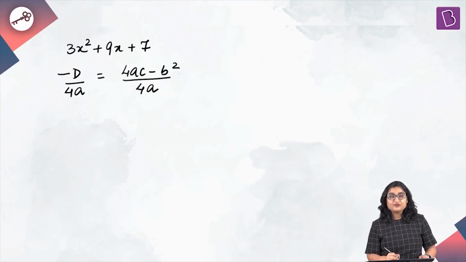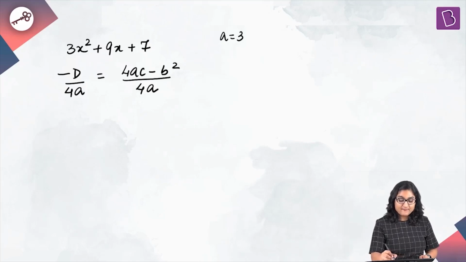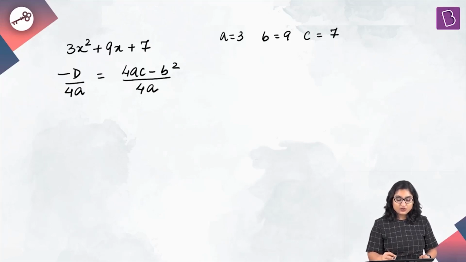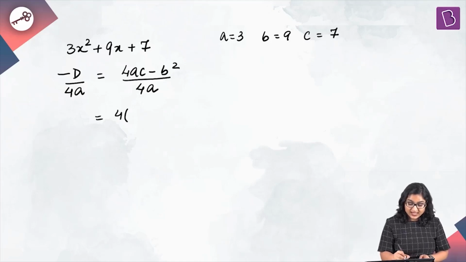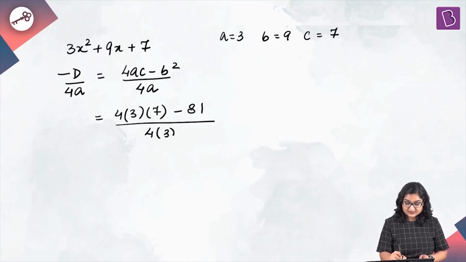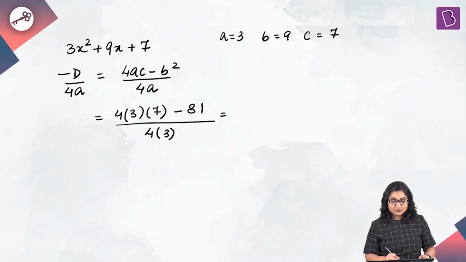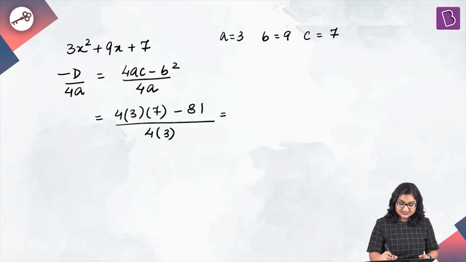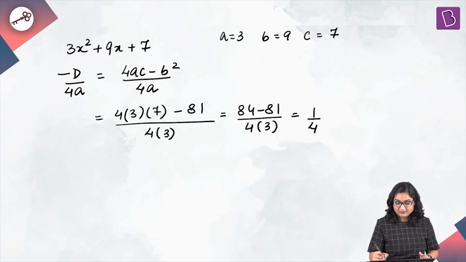Now if I put the value of a as 3, b as 9 and c as 7, what I will get is (4 times 3 times 7 − 81) divided by (4 times 3), which is equal to (12 times 7, which is 84, minus 81) divided by (4 multiplied by 3), which is equal to 1 by 4.